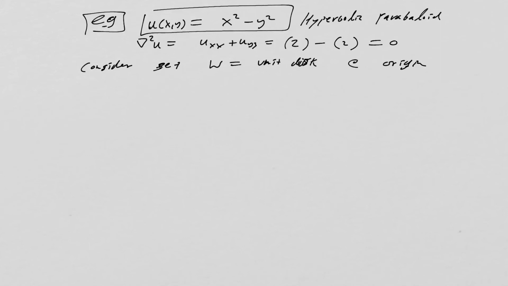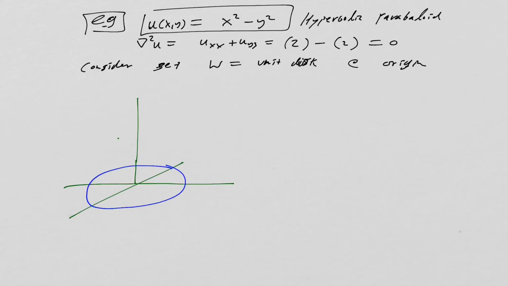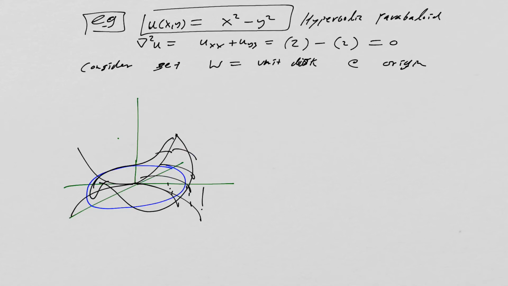So what we have here is our set, and we know the surface of this function has these parabolas that look like a Pringle shape, kind of like so. There's sort of a saddle type shape to it.